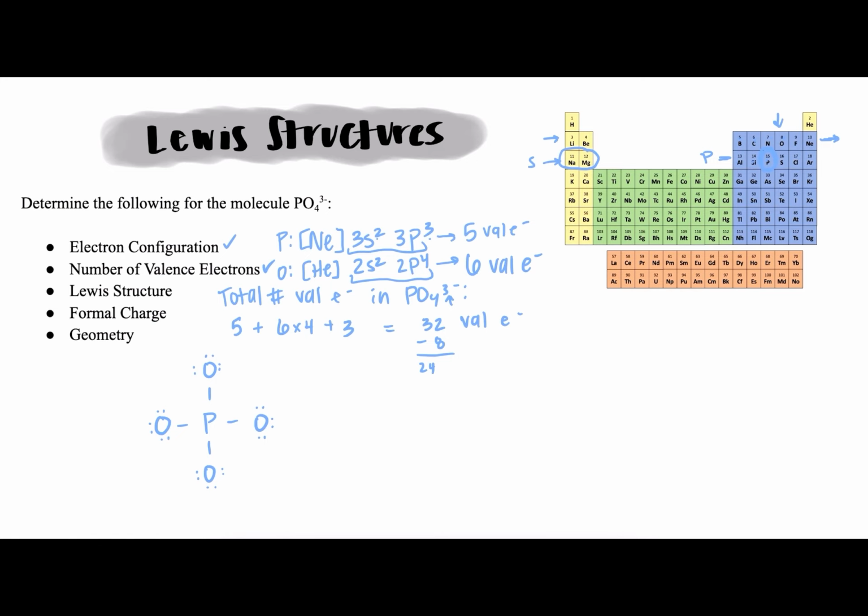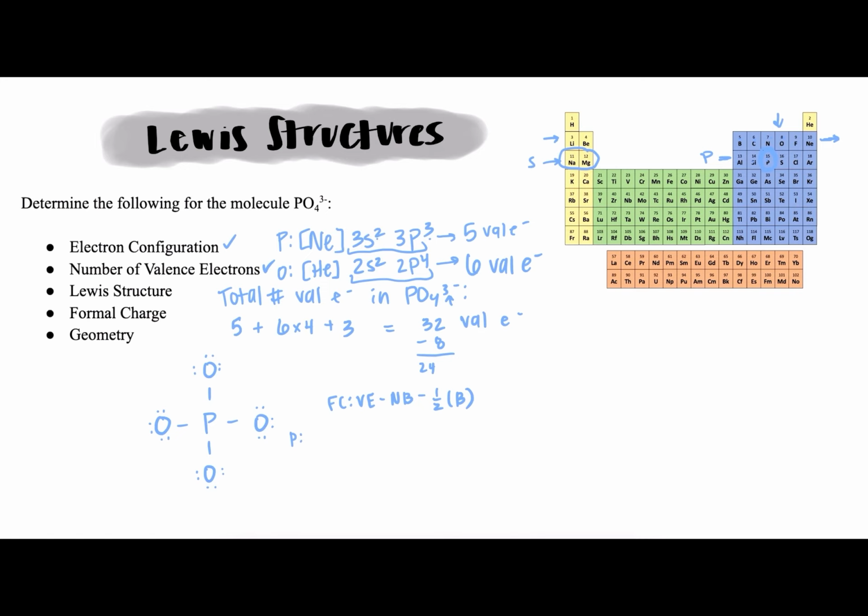But let's take a look at our formal charges on each element. So recall formal charge has the formula valence electrons minus non-bonding electrons, so those lone pairs, minus 1/2 of the bonding. So that means we count this as one of the bonding, but then we do multiply it by 1/2 to just count that one that's attached to the oxygen or the phosphorus.